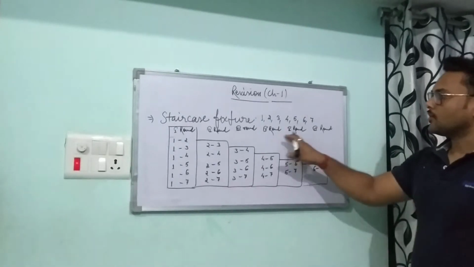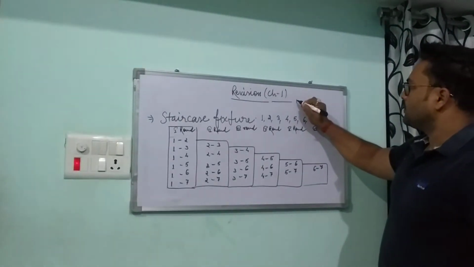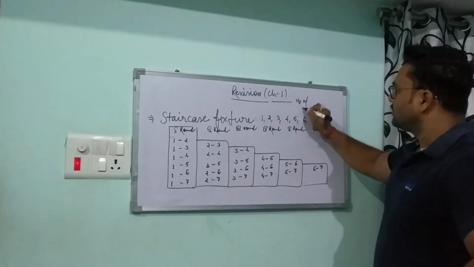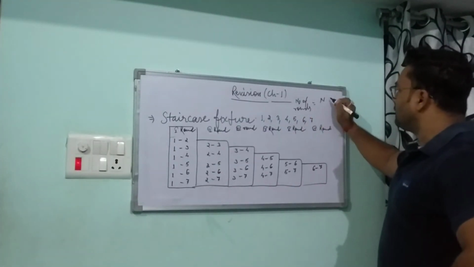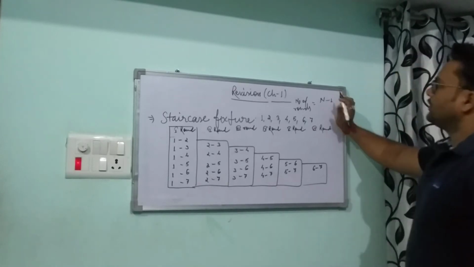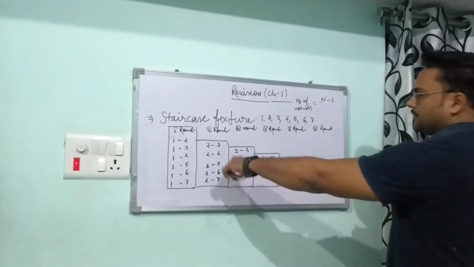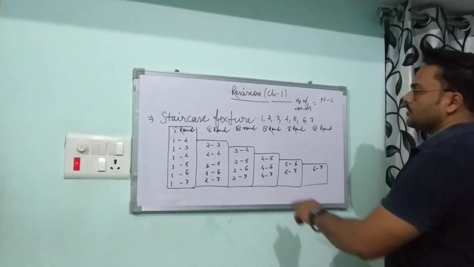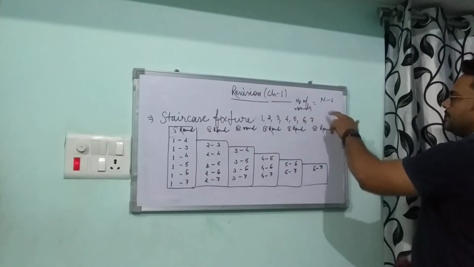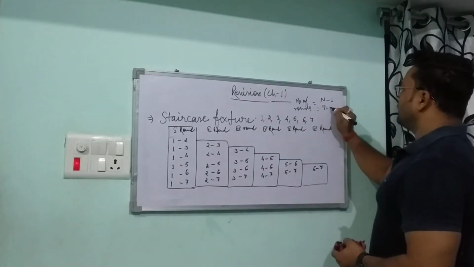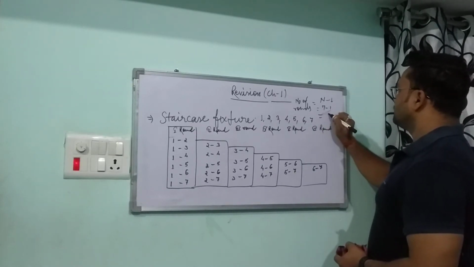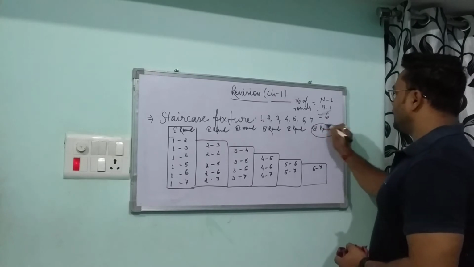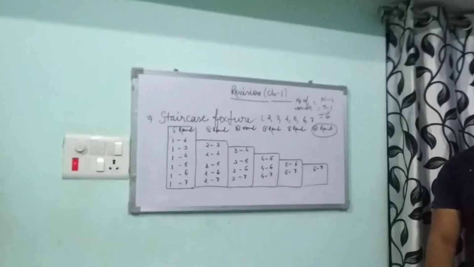Here the number of rounds can be decided as equal to the total number of teams minus 1. See, here we have 7 teams in total. So for 7 teams, the number of rounds will be 7 minus 1, that is 6. So we have to play till 6 rounds.